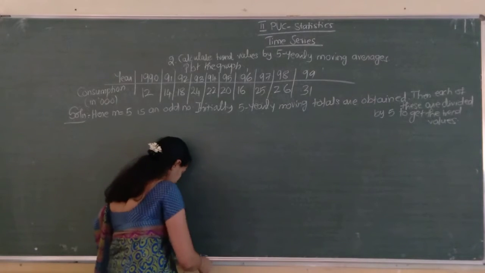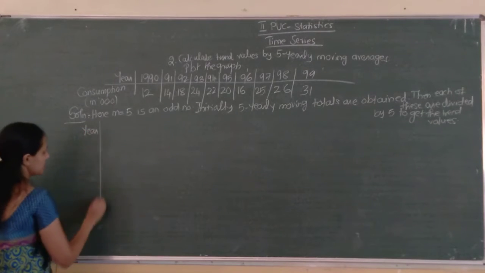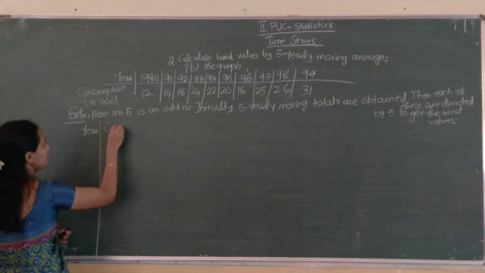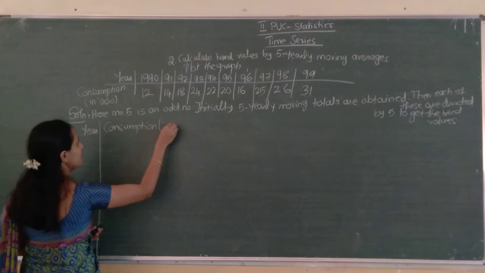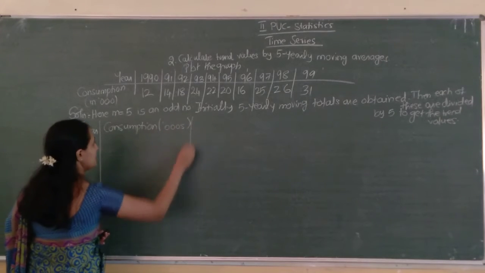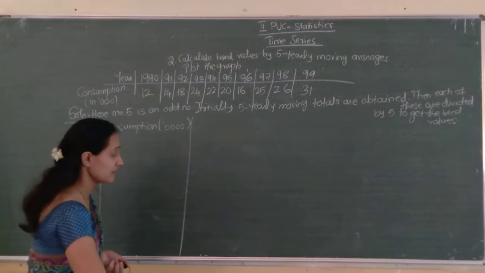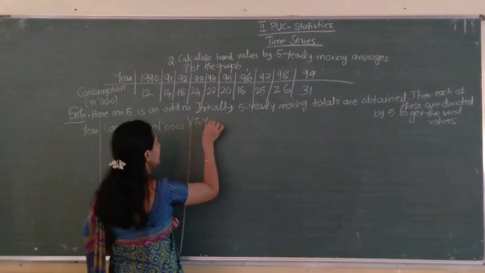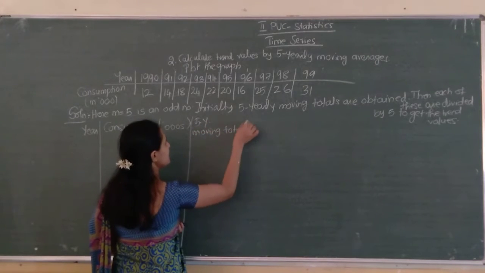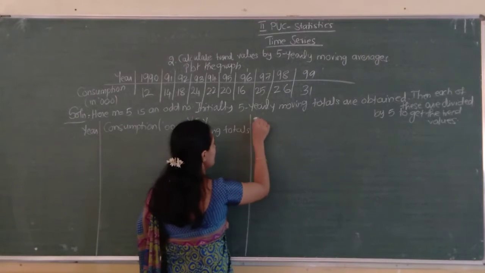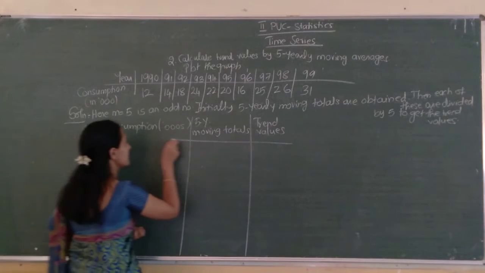Next, what I have to write: year and consumption in thousands. Next 5 yearly moving totals, last trend values.